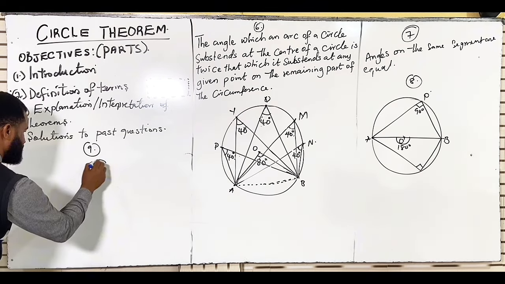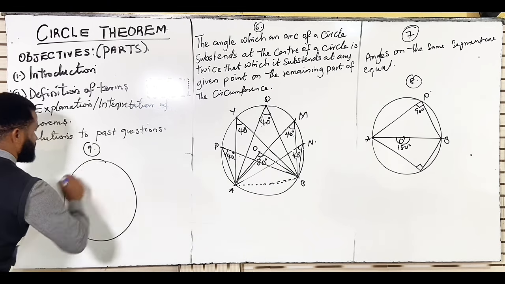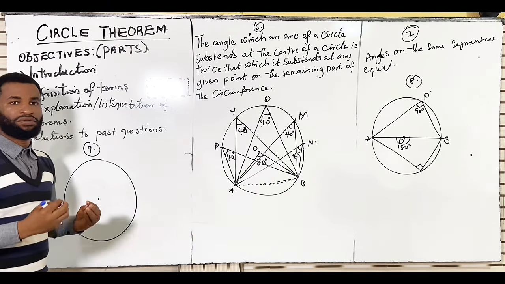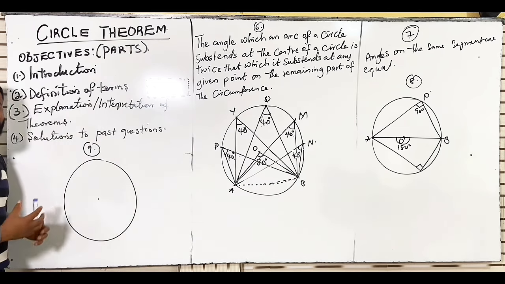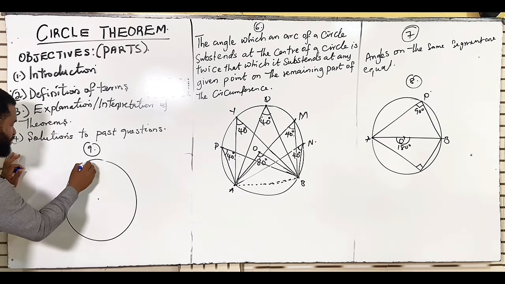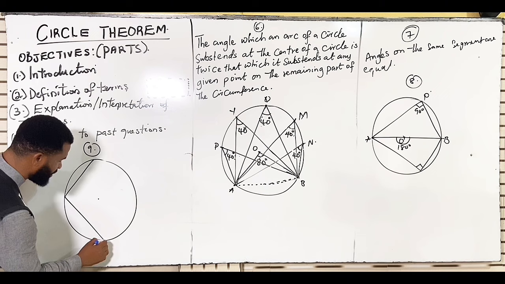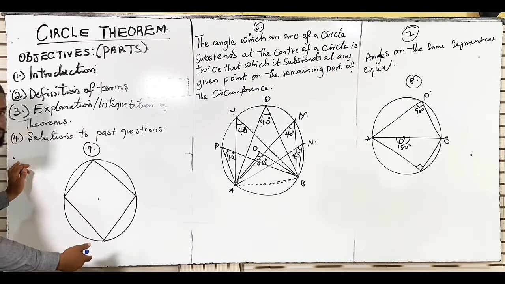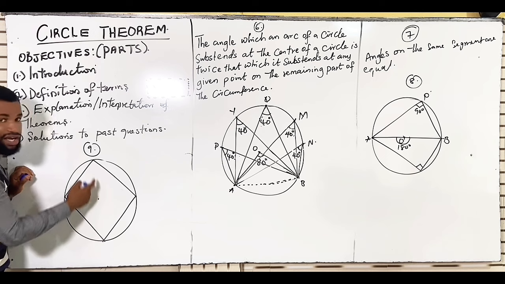If I have a circle and we have, the name of the rule I want to explain is circle quadrilateral. So if you have a quadrilateral inside a circle, we say that the opposite angles are supplementary.